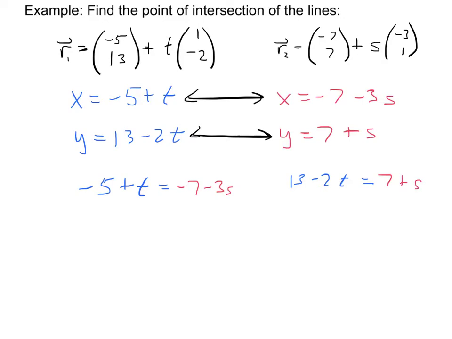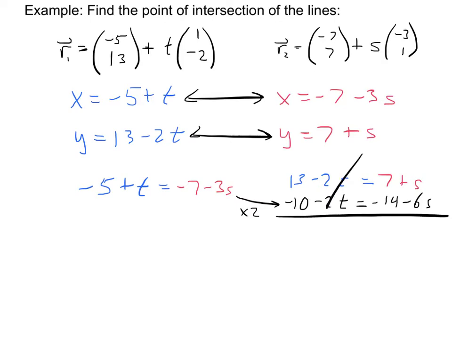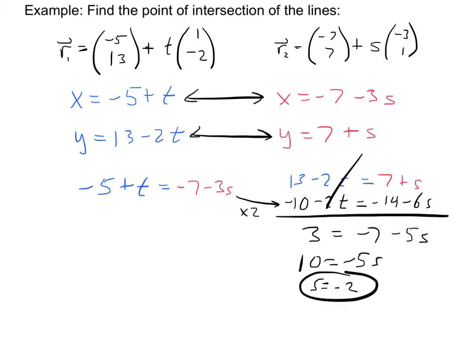If I were to just take this equation, maybe multiply it by 2, and add it, -10 minus 2t equals -14 minus 6s, add these up, I'll end up with 3 equals -7 minus 5s. That means 10 equals -5s, so s is -2. Note, that's not one of the points of intersection. That's one of the times of intersection.